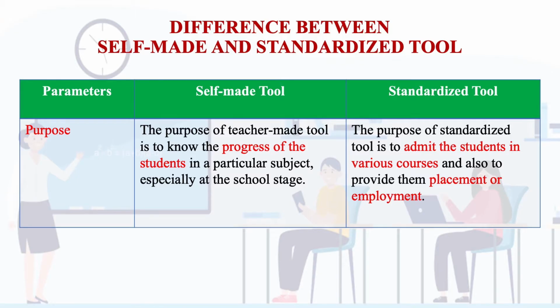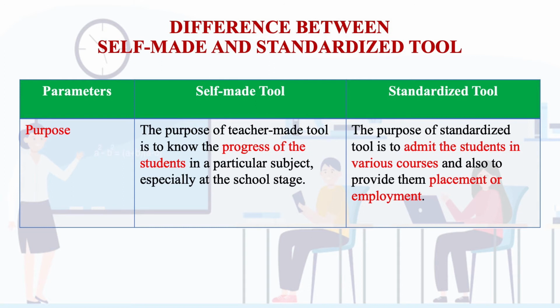Further, let us now discuss the differences between a self-made and a standardized tool. Already we have discussed the concept of a self-made tool and the concept of a standardized tool. So we will find out the differences between these two on different parameters. The first parameter is purpose.